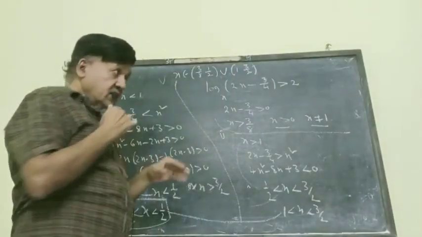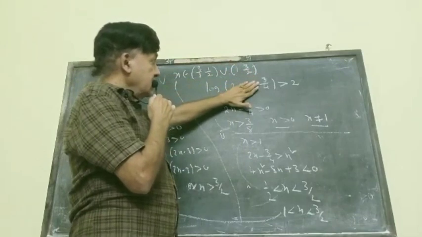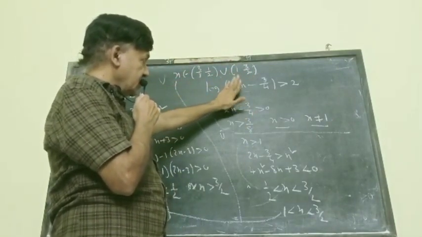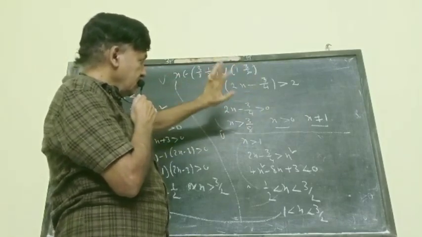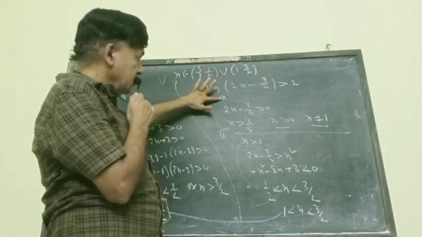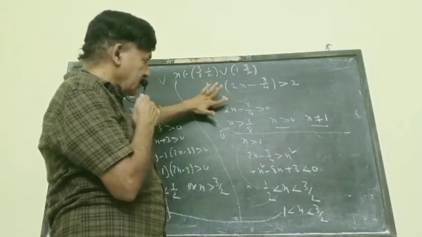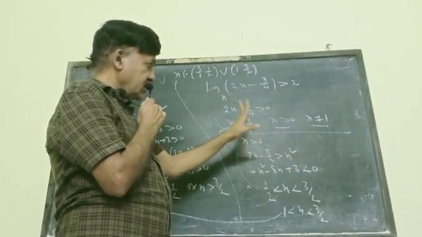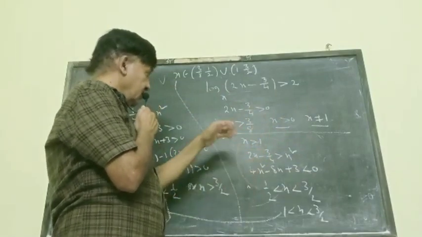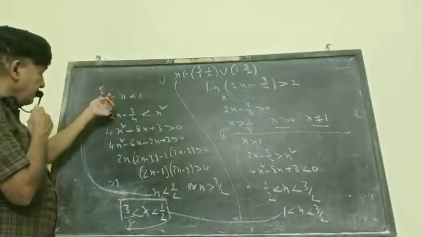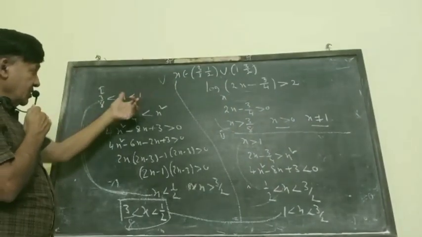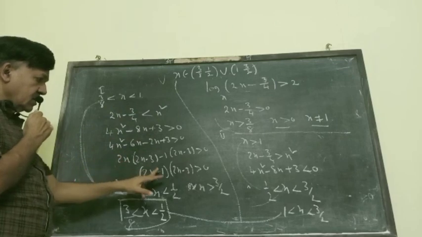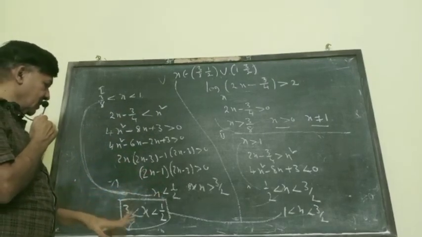Listen carefully to what I did. When the question is given like this, your first duty is to write the domain. This should be greater than 0, this should be greater than 0, not equal to 1. So you will get all these things: x greater than 3/8. Right? The first case is 3/8 to 1. If you remove log, the inequality will reverse. With routine solving, you can easily solve this.